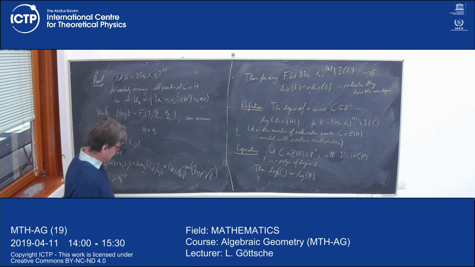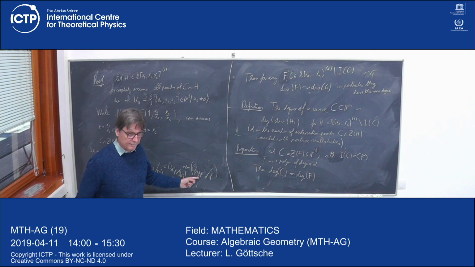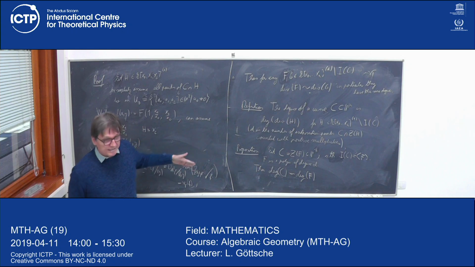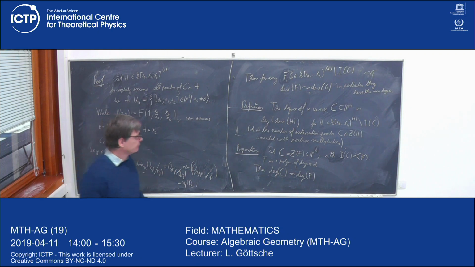And so what does this mean? This is just nu p of f on this thing. But what does this mean? This Z of y is just A1, and this is just the order of vanishing at the point.